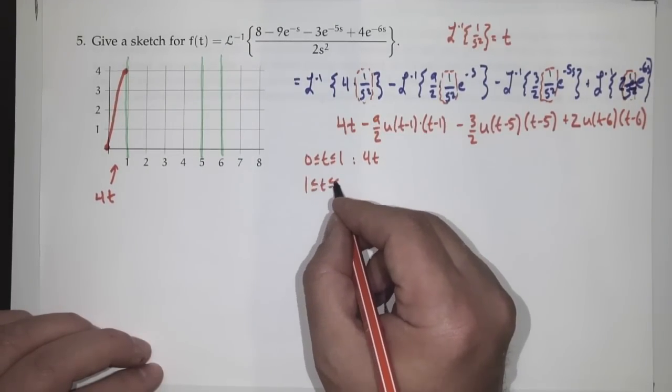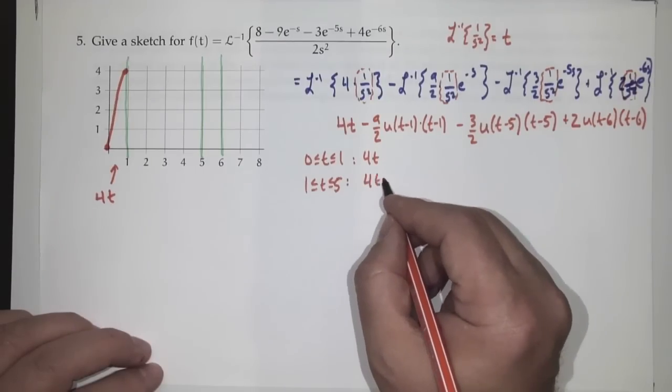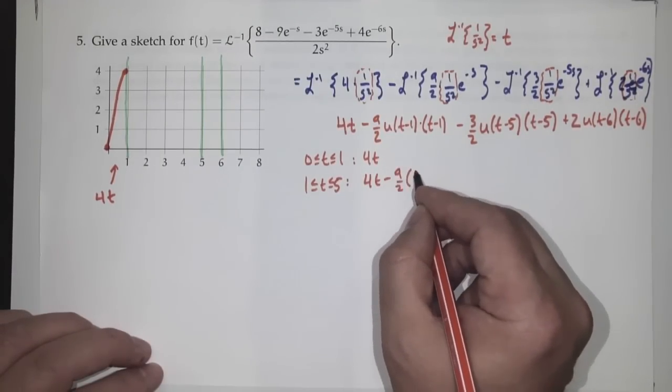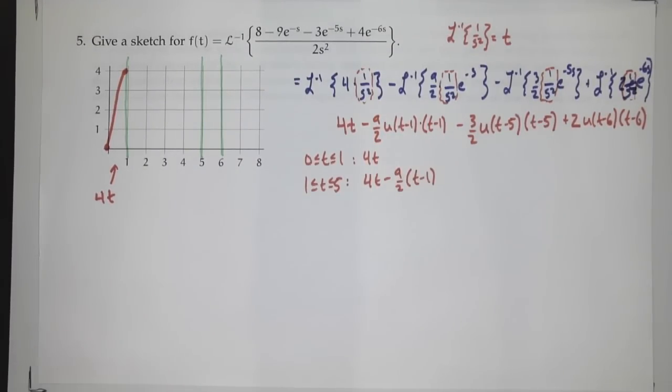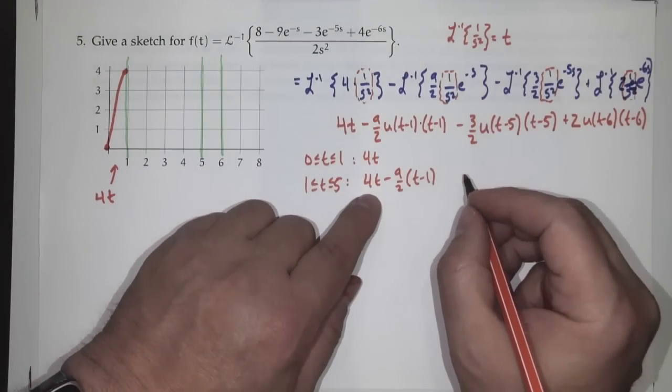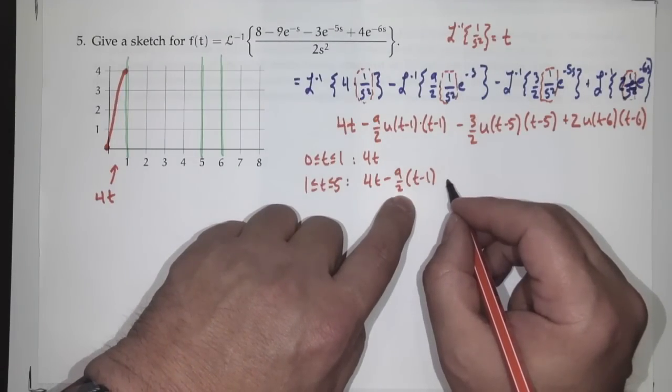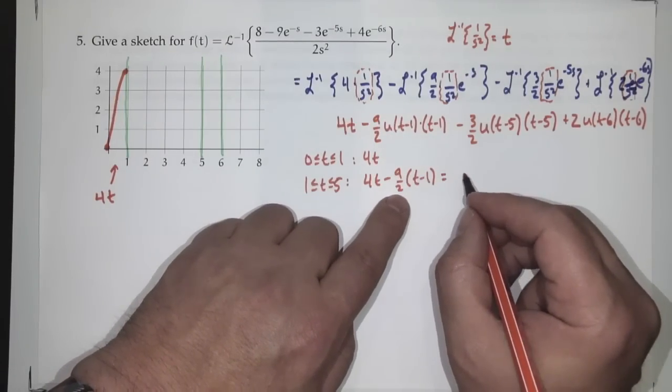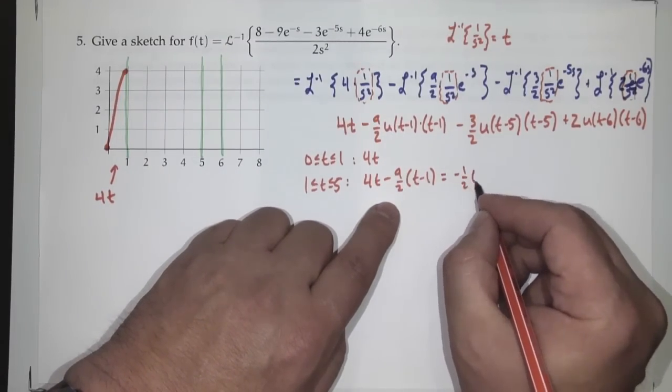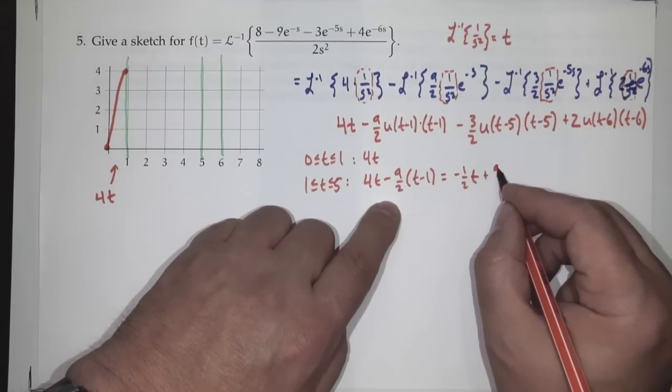From 1 to 5, we're going to be at 4t minus 9/2 times t minus 1. Okay, we can be a little bit careful here. So 4t minus 9/2 t will end up being minus 1/2 t, and that'll be a plus 9/2.